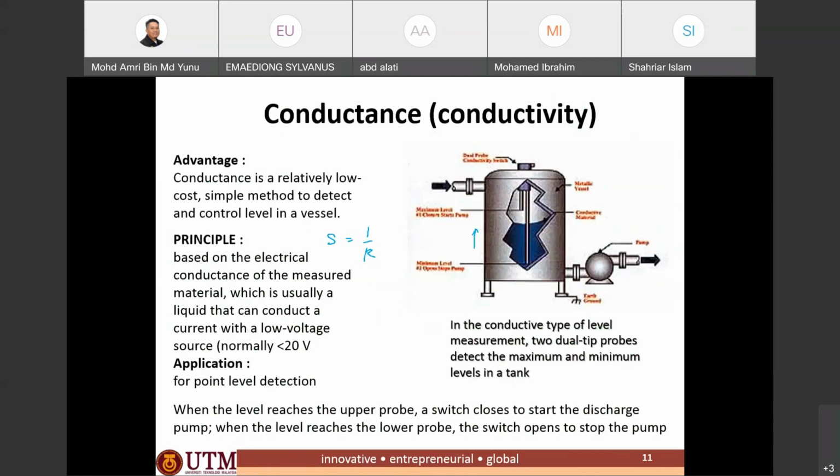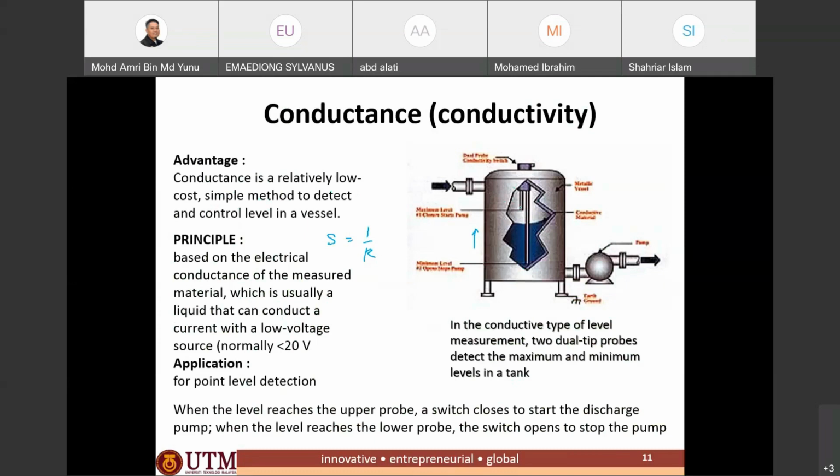So this is not measuring the continuous level. This is conductive based on two conductive electrodes.